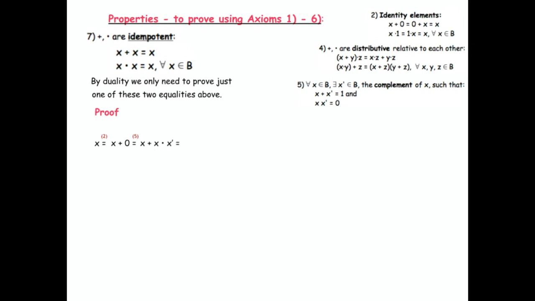Okay, no questions. Then we're going to use the fourth axiom, the distributive one, and we're going to convert this X and X or X to X or X and X or X prime, the complement of X. And now, using complementarity further, we can say for sure that X or X prime is always going to be true.